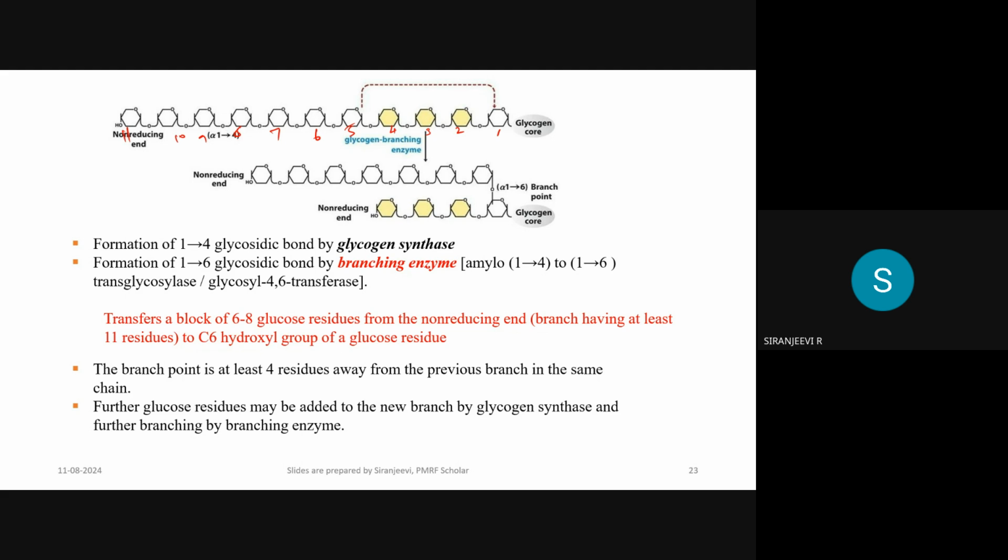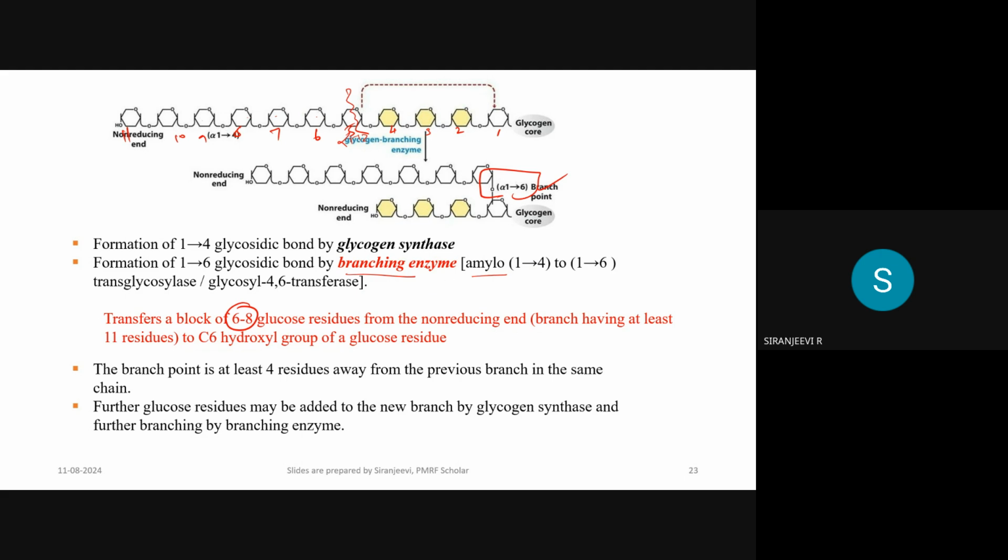Here it will take up 6 to 8 glucose residues. So here it will take 1, 2, 3, 4, 5, 6. So 6 to 7 glucose molecules will be taken by the enzyme called the branching enzyme. It will shift this alpha 1,4 linkage to an alpha 1,6 linkage. This enzyme is otherwise called amylo 1,4 to 1,6 transglycosylase or glycosyl 4,6 transferase.